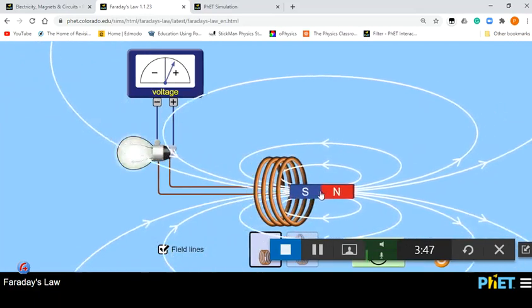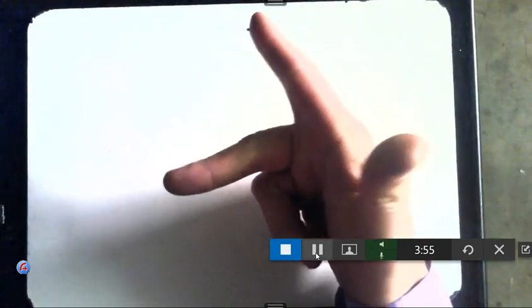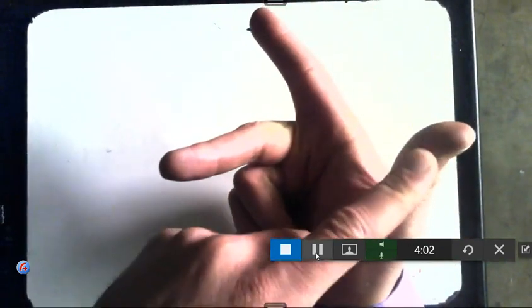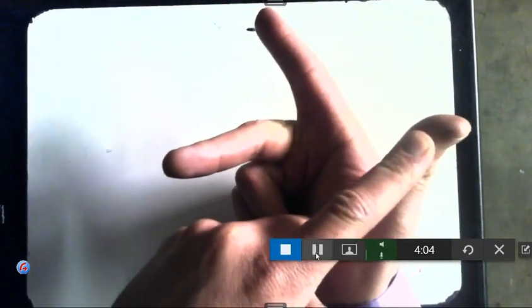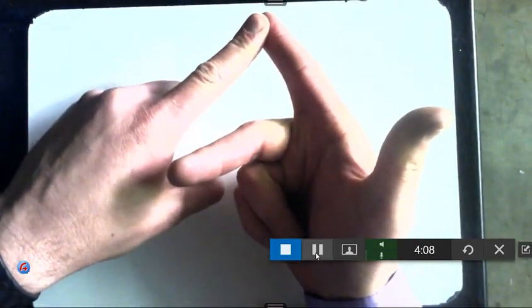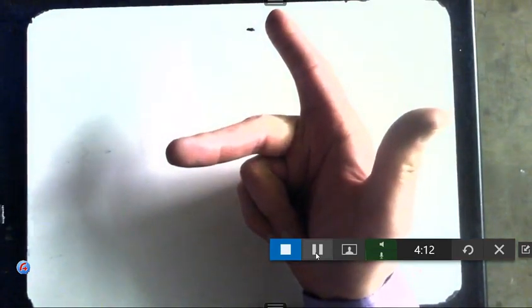But there has to be an interaction between the field lines and the coil. Now, the direction of this current can be found by using the right-hand generator rule, where we use F for the force that I'm applying, B for the direction of the magnetic field towards south, and I for the direction of the induced current.